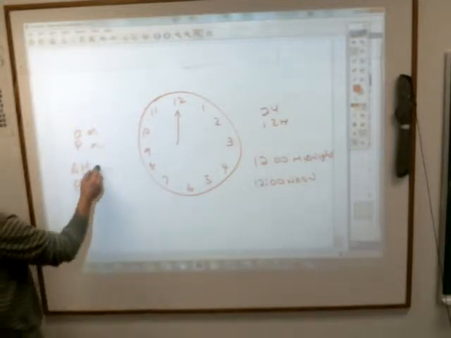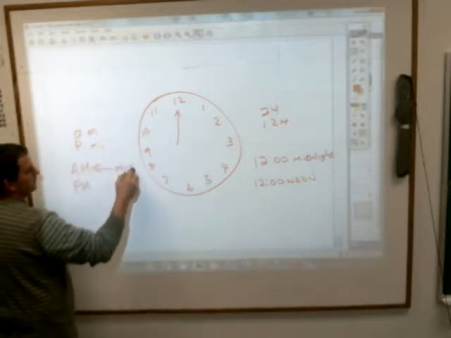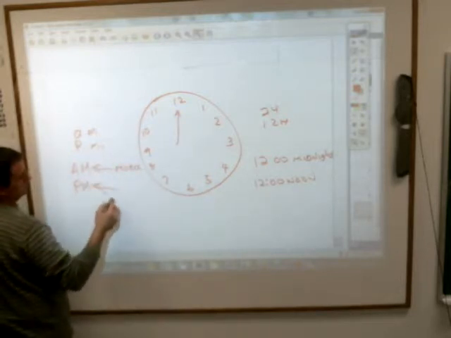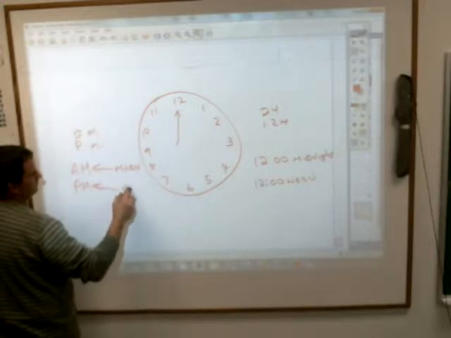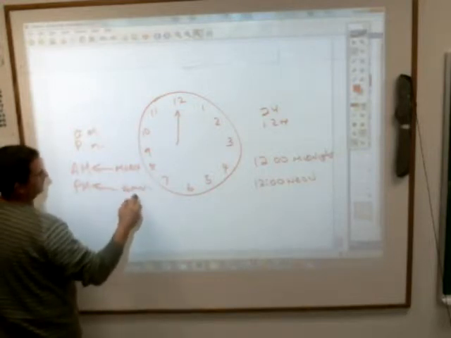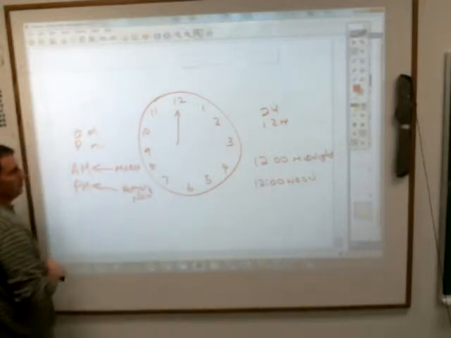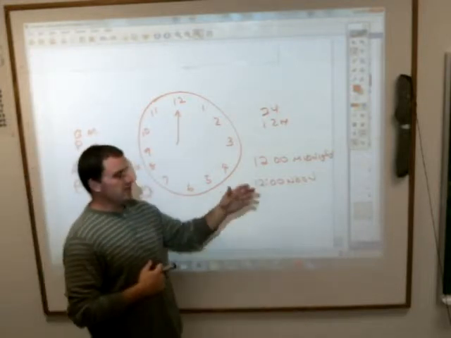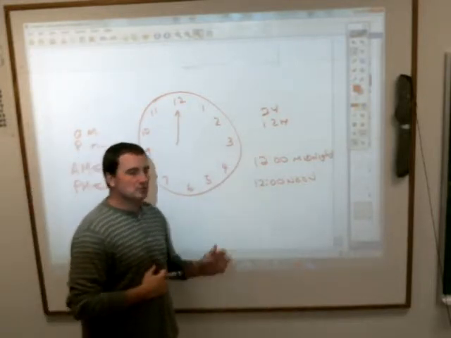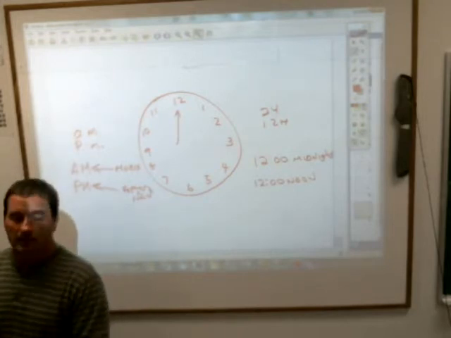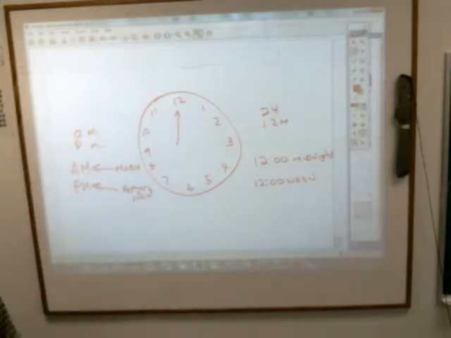Morning is always AM, and afternoon is PM. But when you have 12 o'clock midnight, do we call that 12 o'clock AM, or is 12 o'clock AM the noon part?